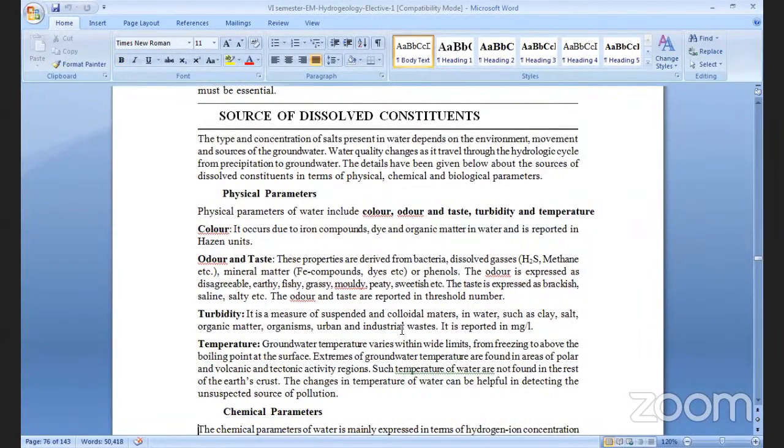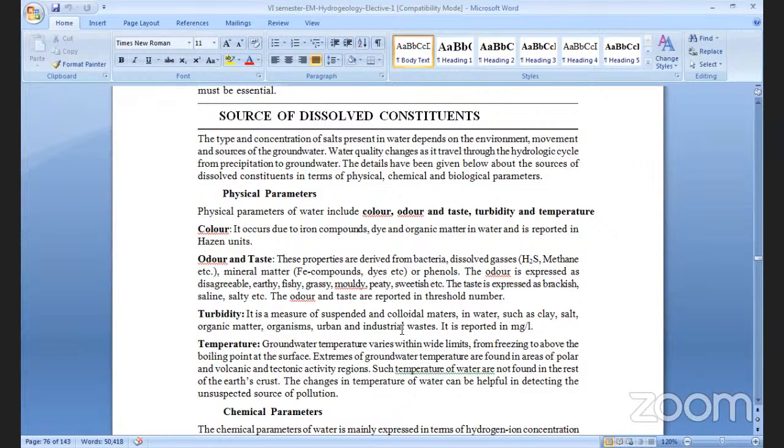The sources for dissolved constituents. There are various types of concentration of salts present in water. It depends on their environment, the movement, and the sources of the groundwater.